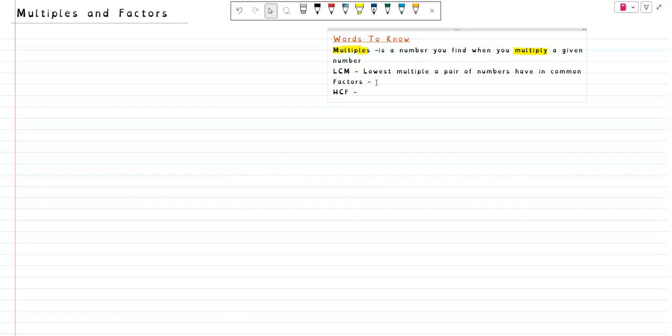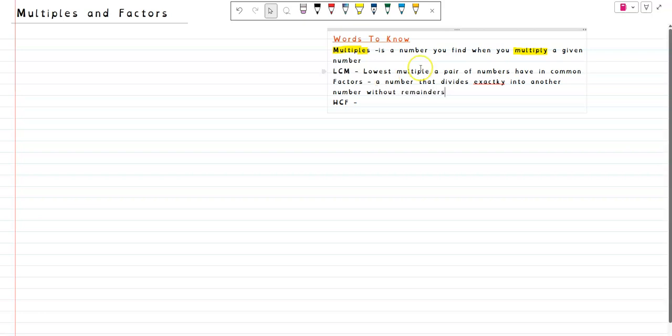Okay, so it's a number that divides equally or exactly into another number without remainders. So that is what factors are. A number that divides exactly into another number without a remainder.